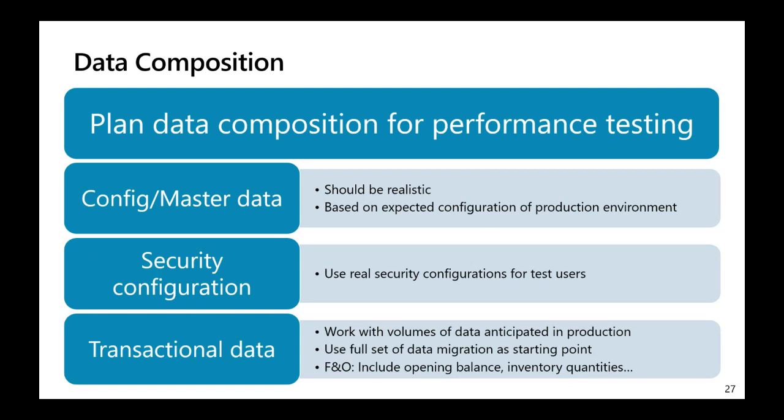For example, production data which is live for 1 year, 2 years, so we need a certain volume here. Use the full set of data migration as a starting point for that. And for finance and operation apps, make sure to include things like opening balance, inventory quantities. And from there, build up a realistic data set.